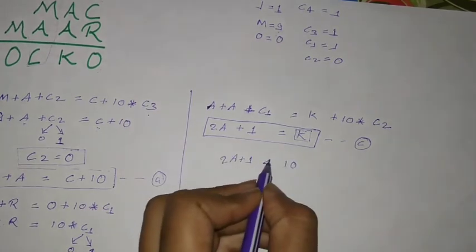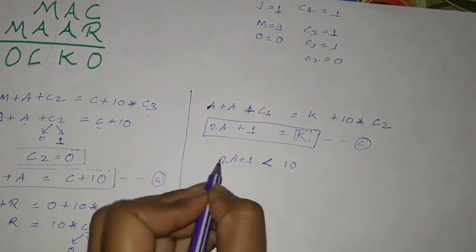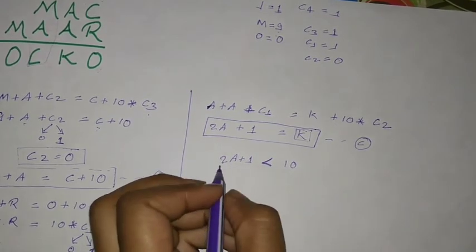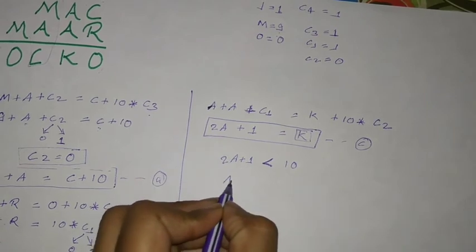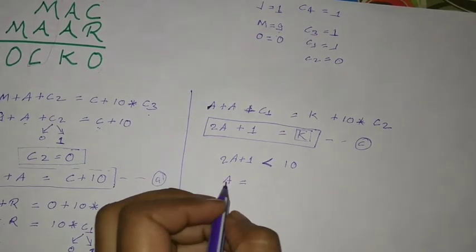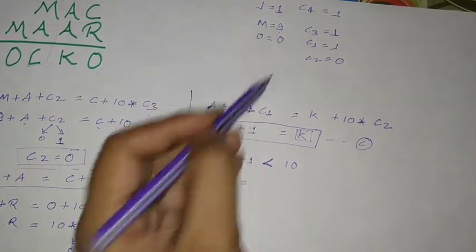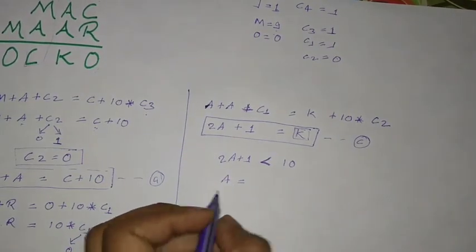So the possible value of A is 0 or 1, but 0 and 1 are already occupied, so they are not possible.